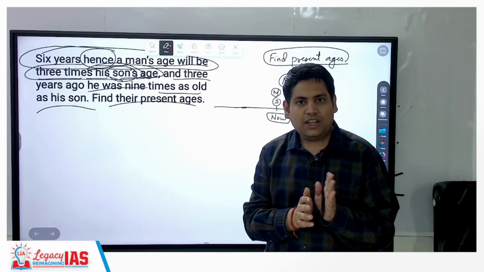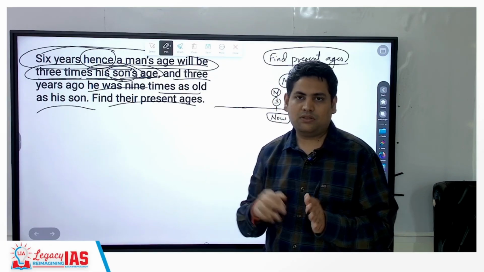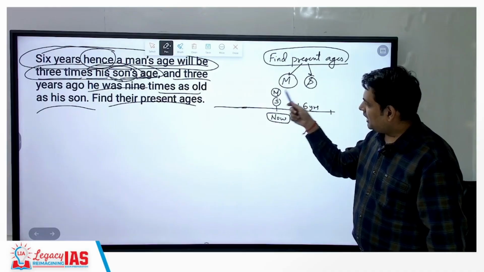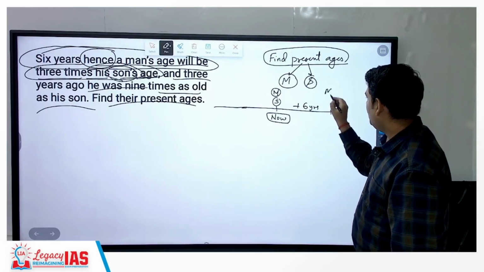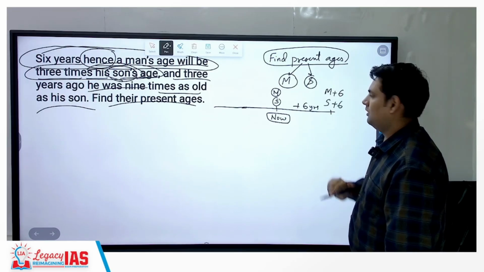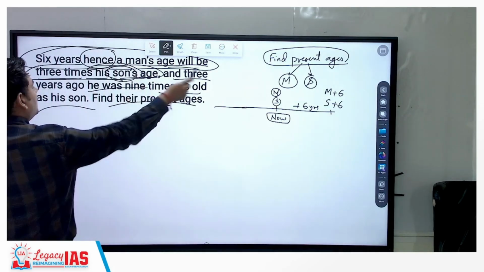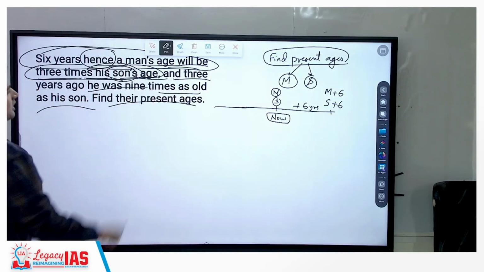Because every year her age is also getting plus 1 and your age is also getting plus 1. So now if the ages are m and s, after 6 years it will be m plus 6 and s plus 6. Now, 6 years hence, a man's age will be 3 times his son's age.